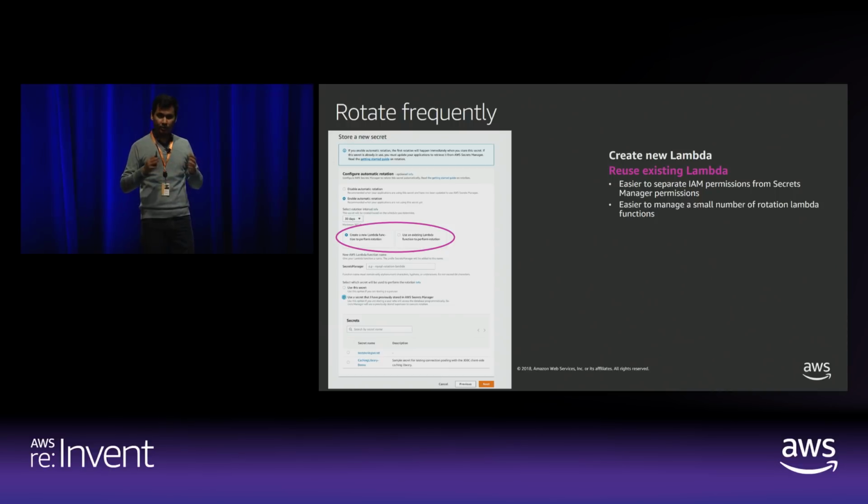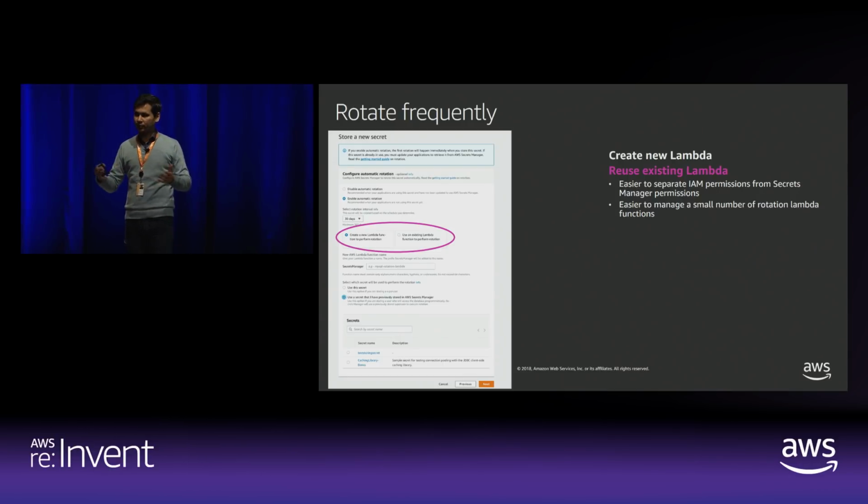When you create a rotation Lambda, you also have to create an IAM role that's associated with the Lambda. So rotating requires certain IAM permissions also. In general, you should be very stingy with your IAM permissions.